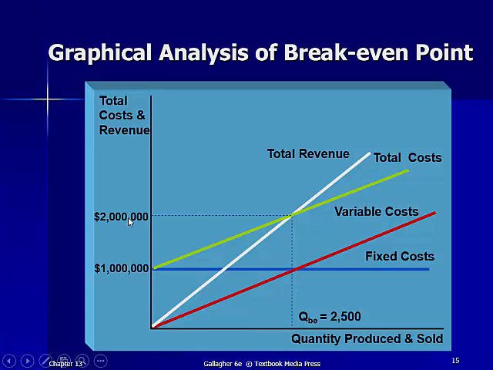That gives us $2 million worth of revenue. And at 2,500 units produced, we have $1 million in costs plus $400, the variable cost per unit, times 2,500. So right there, the two numbers, total costs and total revenue, are equal at $2 million.